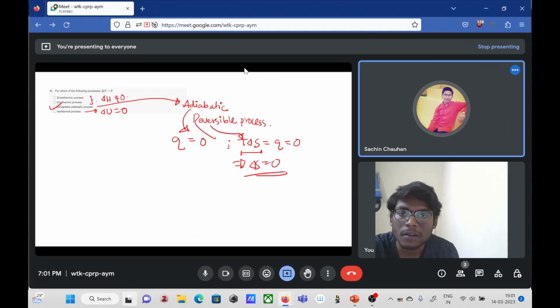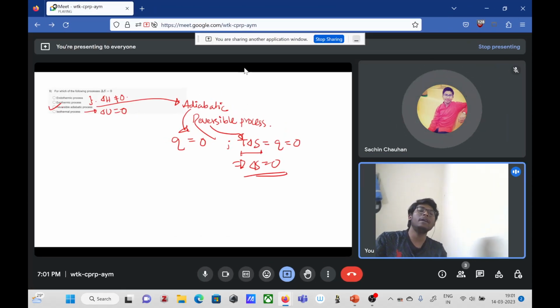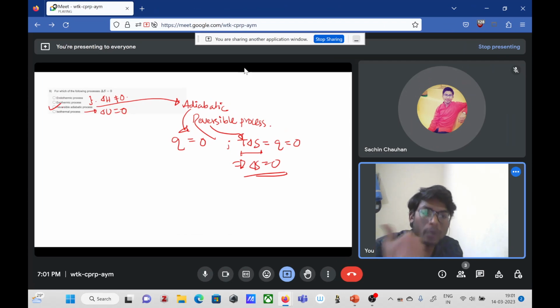Endothermic process, what is this? Endothermic and exothermic are about when the enthalpy changes. Let's say an example: some kind of burning is done, so it will produce some heat, or you put some chemical on your hand and it actually feels colder. So endothermic and exothermic are like this.